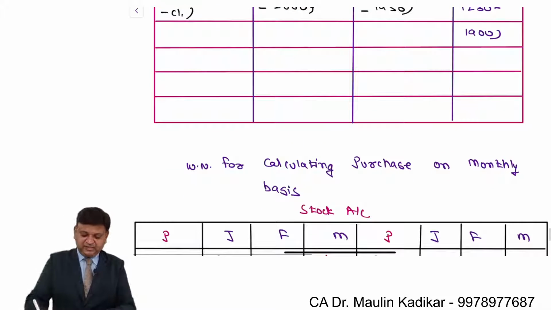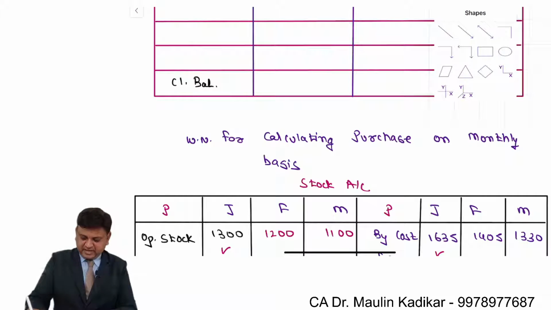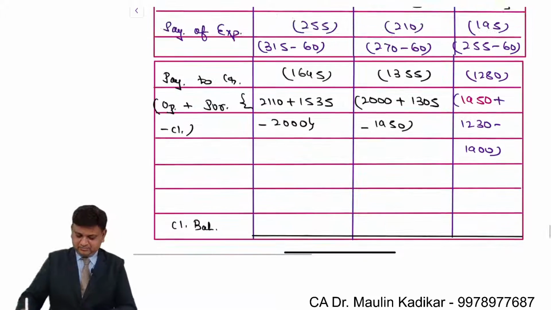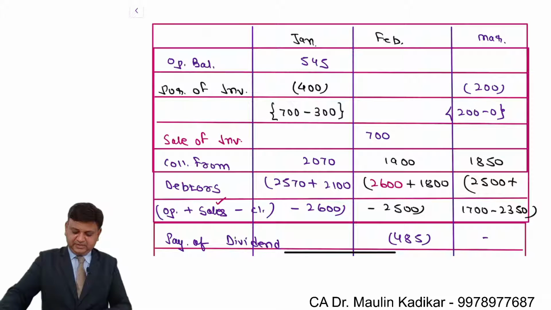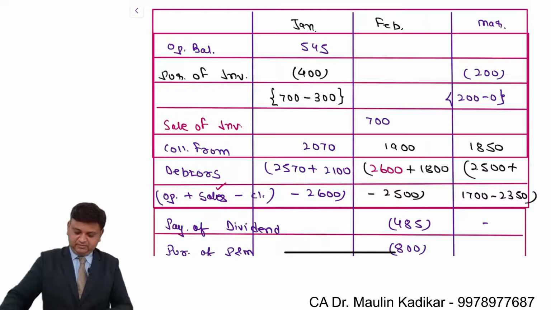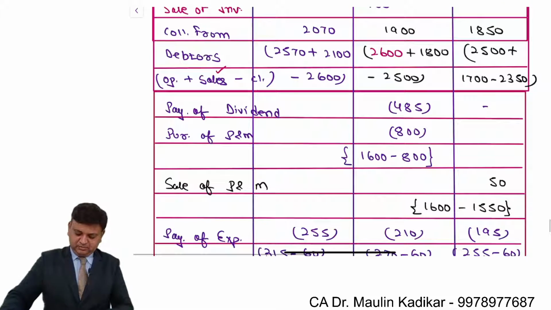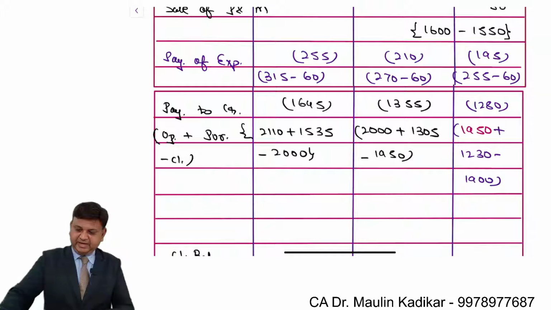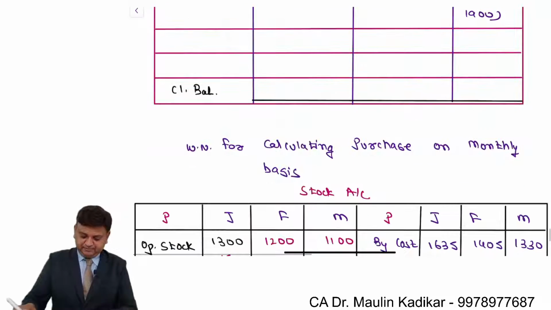Okay. So now the final answer is the closing balance at the end of every month. Please use your calculator along with me. 545 plus, sorry, minus 400 plus 2070 minus 255 minus 1645, that comes to 315.